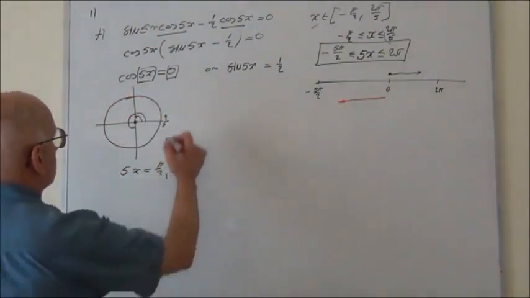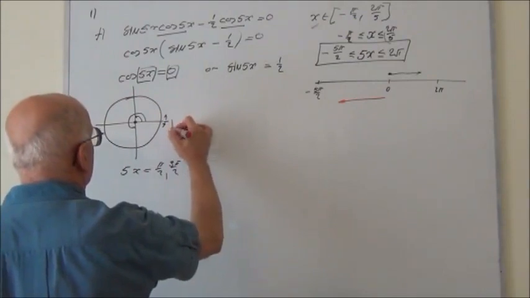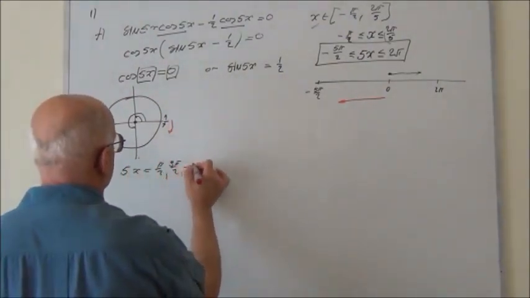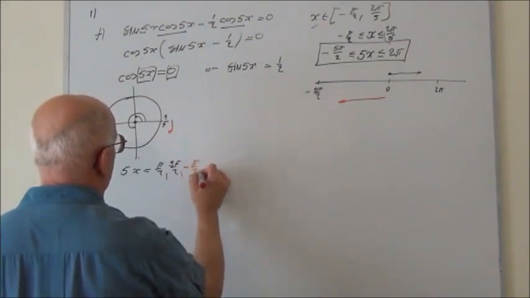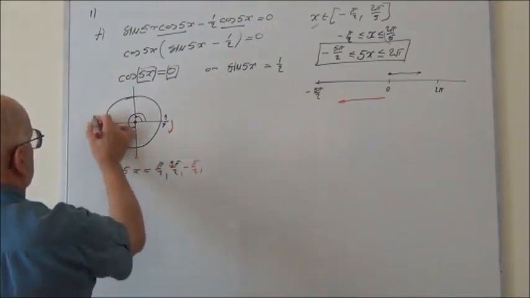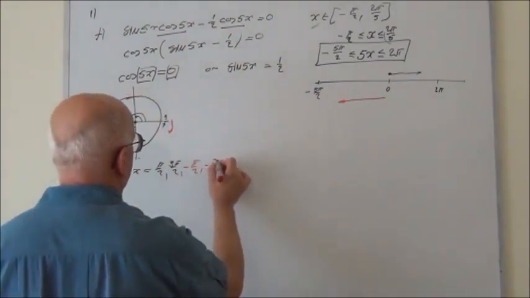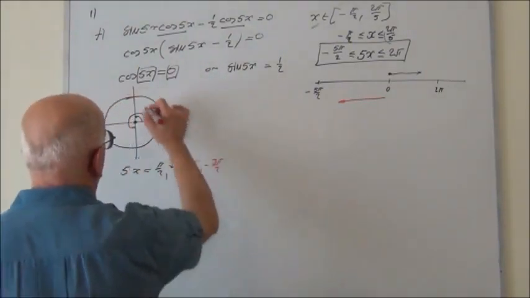In the negative direction, this is the first solution, negative pi on 2, and this is another solution, negative 3 pi on 2.